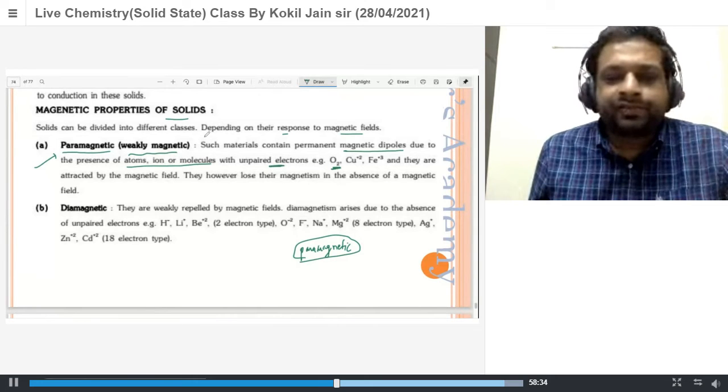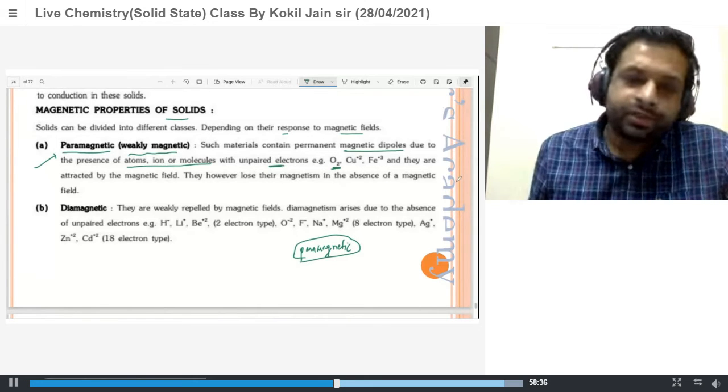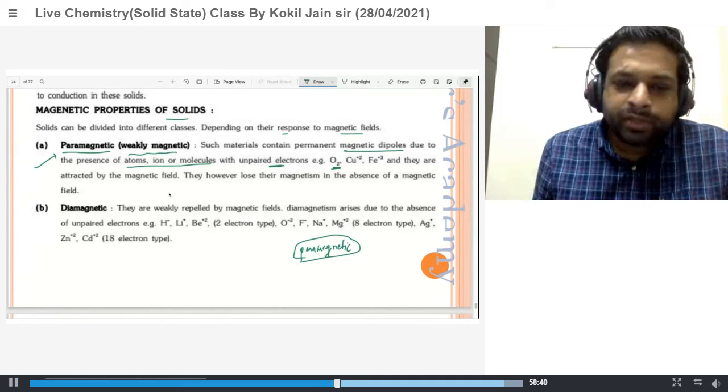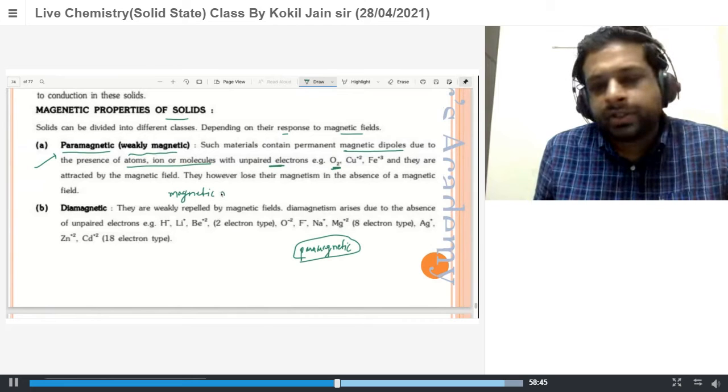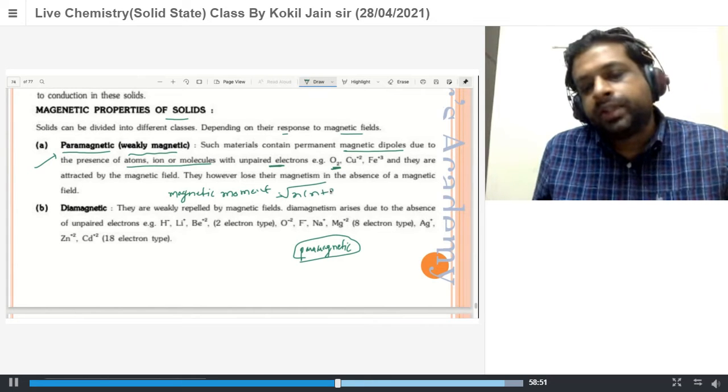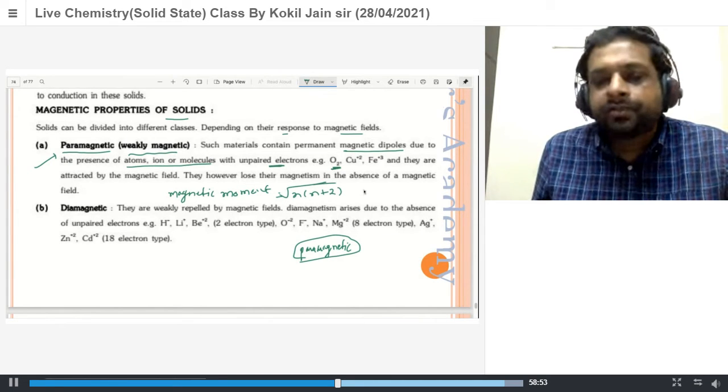If you want to calculate magnetic moment also, what was the magnetic moment here? Under root n into n plus 2, where n is the number of unpaired electrons.